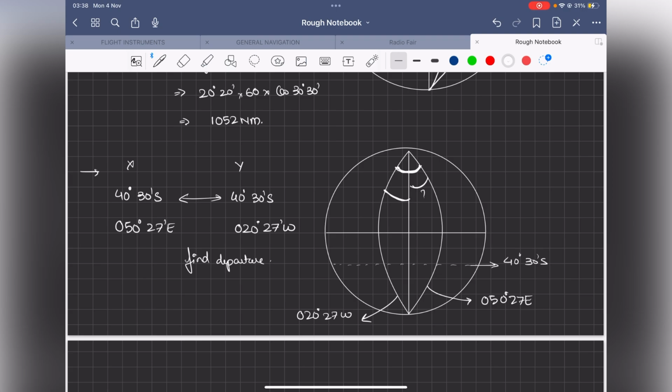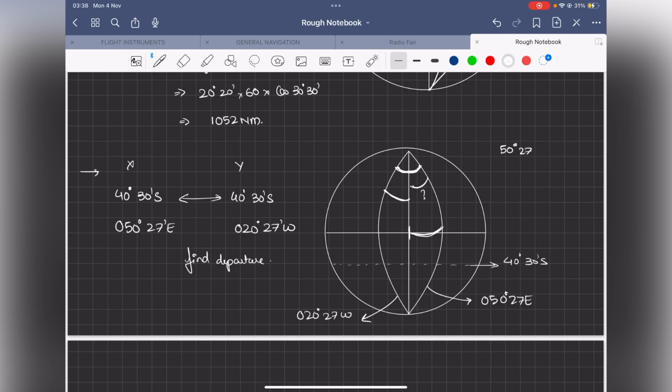How do I know what's the value of this angle? It just lies in the definition of longitudes, right? Measured from the prime meridian, the angle subtended is what gives me the value of this longitude. So in my case, that would be 50 degrees 27 minutes.